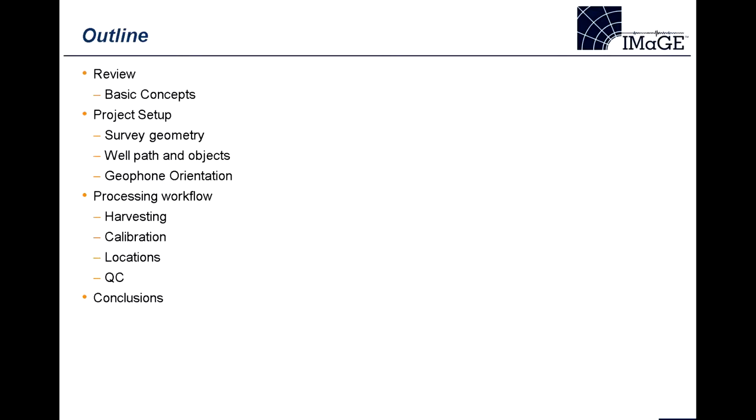Then I'll show you how to set up a project, how we do that internally: the geometry, the coordinates of everything, the well path, the wellhead information. The well objects, such as the perforation shots or the plug and sleeve locations, have to be in the right positions, and the geophone orientation has to be oriented correctly.